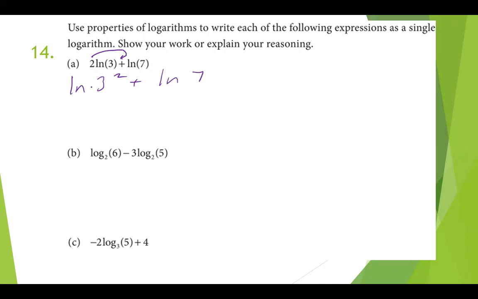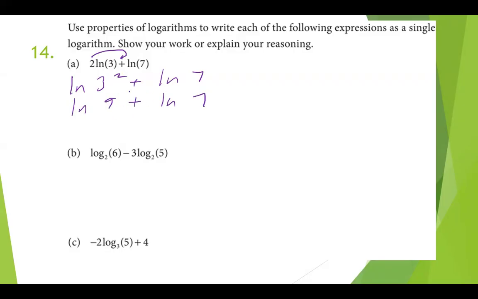Remember, if you're waiting for me to do something, you're not learning. You only learn when you try and make mistakes and correct those mistakes. But if you're leaving your page blank until Ms. Jones writes something, you're hurting yourself, not helping yourself. Okay? It's a harmless practice. Ain't nobody looking at your paper. Okay? 3 squared gives me 9. 9 plus natural log of 7.